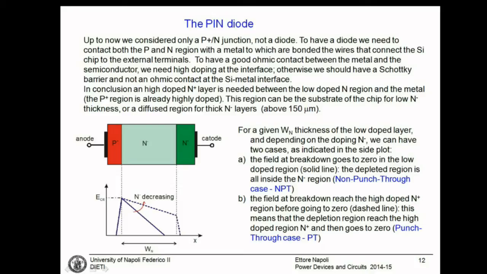The electric field is bounded more or less in the N minus region, however. But in this case, the electric field near the N plus region is not 0. We call this case the punch-through case, because the device is punching through, the electric field is arriving at the end of the N minus region.